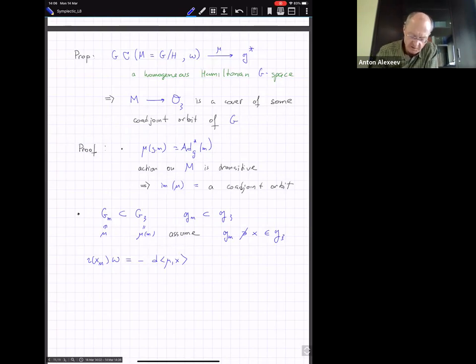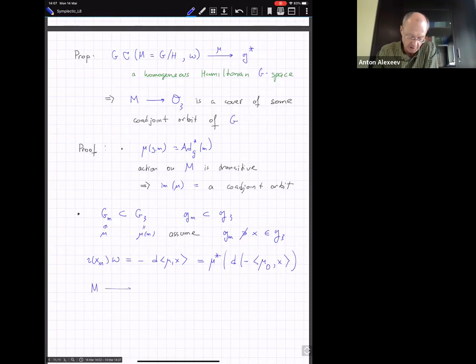Let me write it in a somewhat strange way. Let me say that this is mu star of the differential of minus the moment map of the orbit paired with X. So here I'm doing the following.